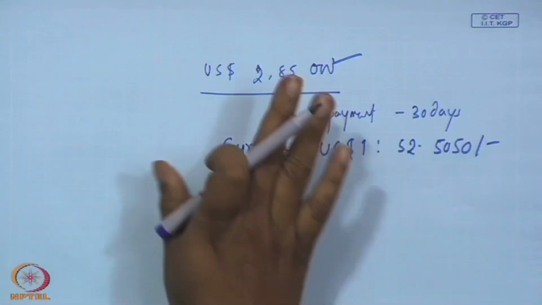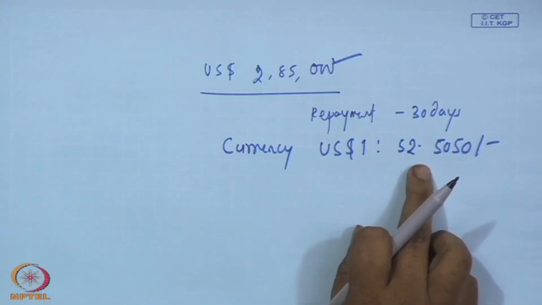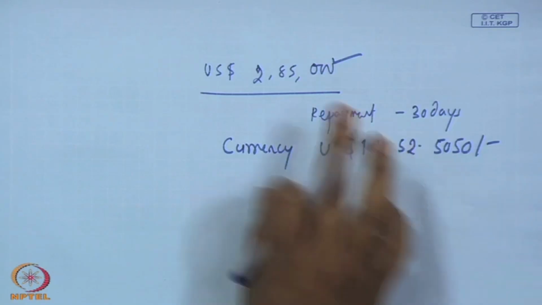Suppose today the exporter gets it, he will convert at 52.5050 and get the rupee amount.